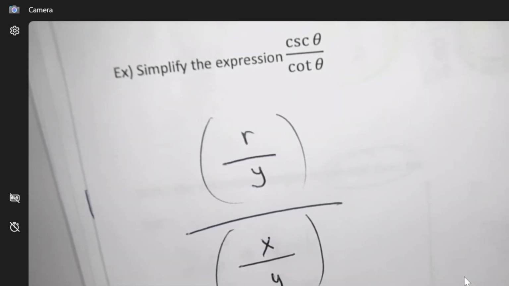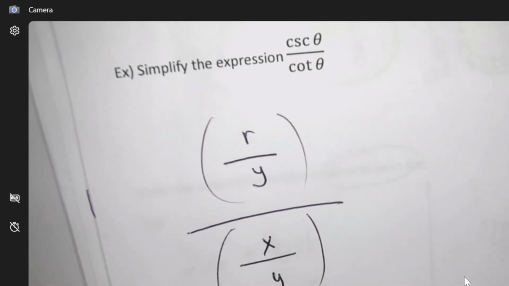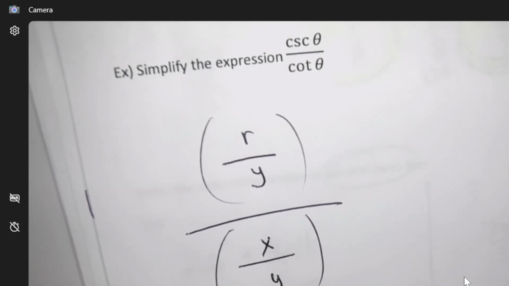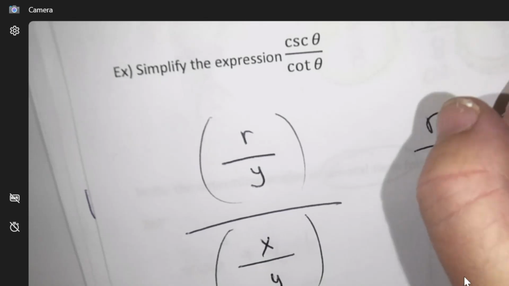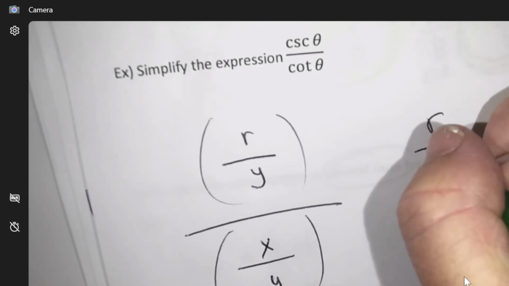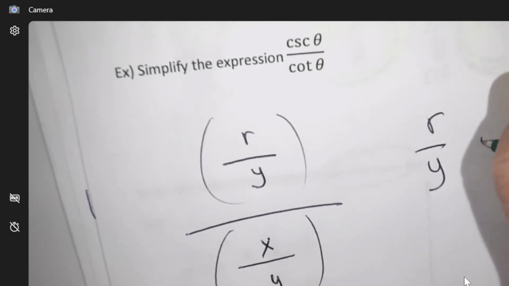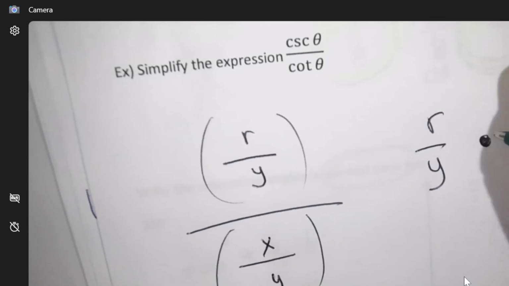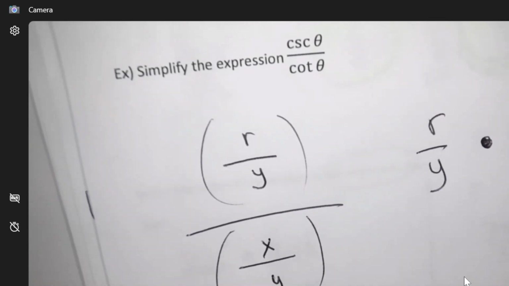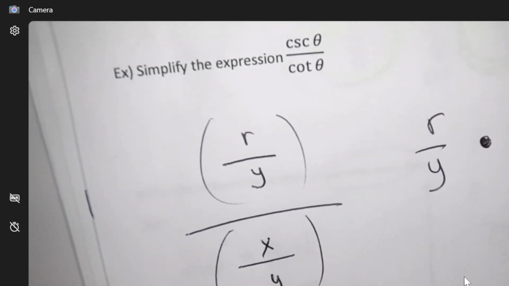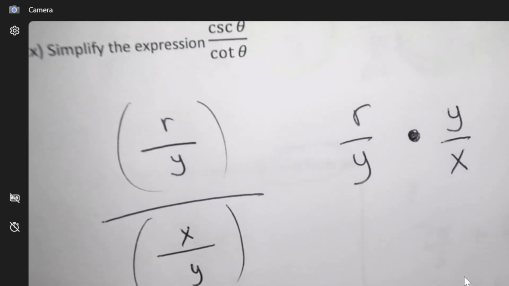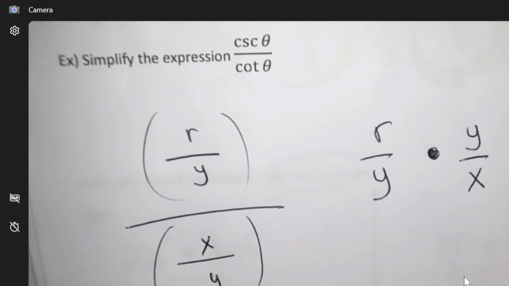Okay, how do you simplify fraction divided by fraction? What do you do with that process? Fraction divided by fraction, you times and flip, right? Fraction division, times flip. Okay, what happens here because of the y's? Anybody see that?